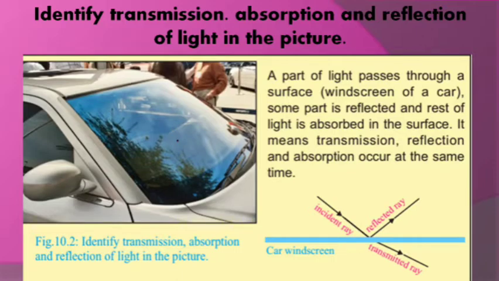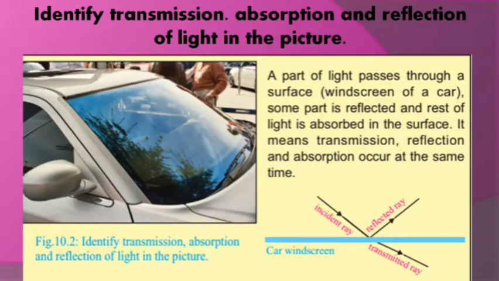Absorbed here also means transmitted, because this is clear glass, so it can transmit inside. And this is all metal, and the colored metal is an opaque surface, so light is absorbed inside the car.